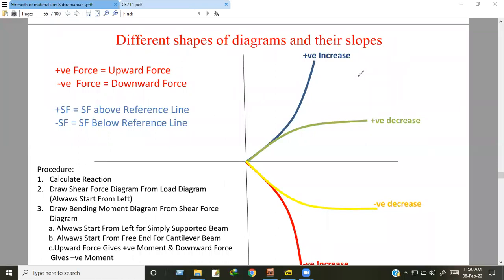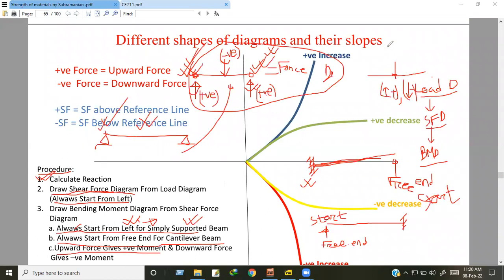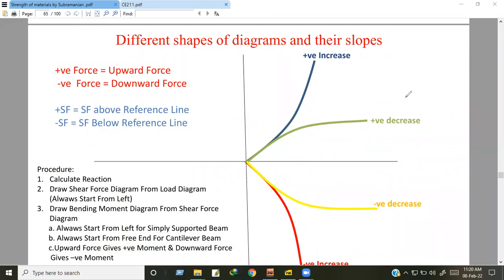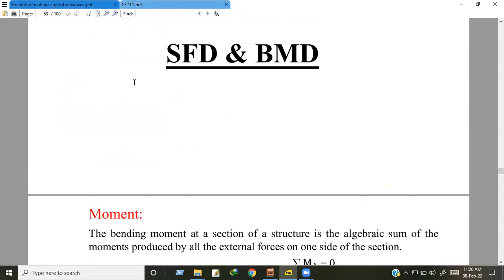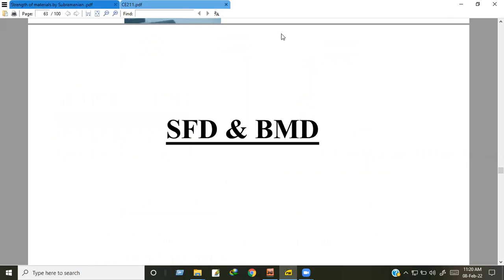Now we will discuss types of beam. First, simply supported beam. Types of support.